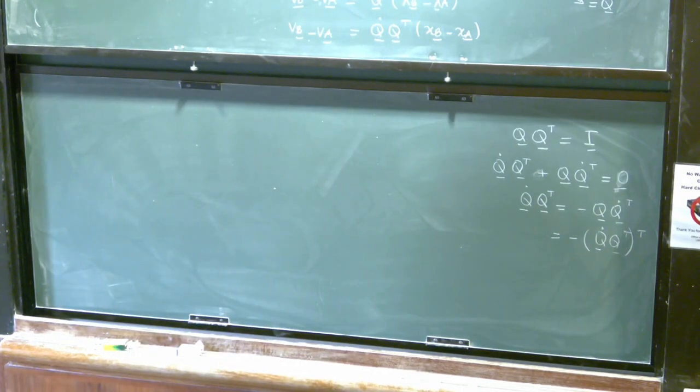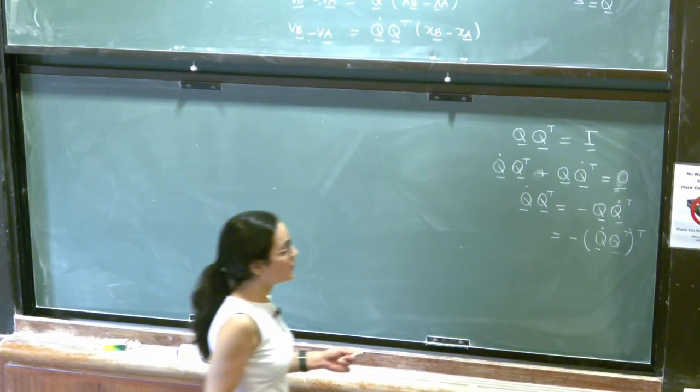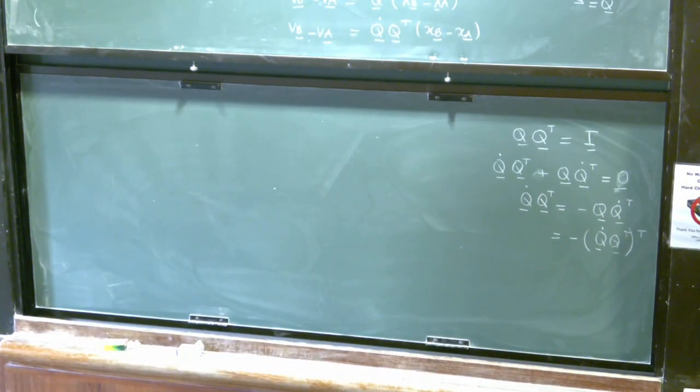And if a matrix and its transpose are opposite, what does this say about the matrix? So if A is equal to A transpose, then A is symmetric.